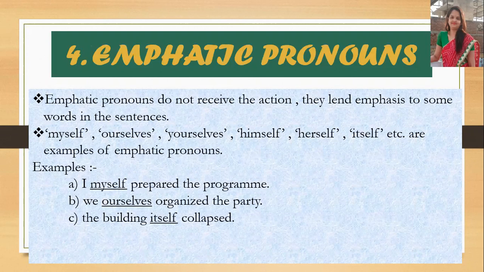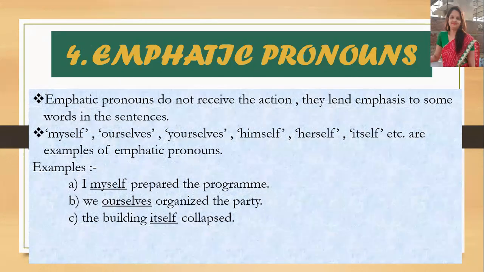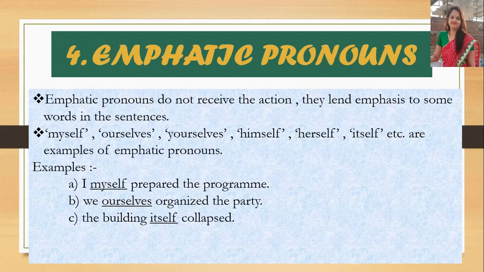Okay. And if you want an easy way, you only remember that in this, the sentences are used with nouns or pronouns for the sake of emphasis. Okay, means these sentences are used only for emphasis, it does not receive the action. Once again I am repeating, what is the discrimination between reflexive and emphatic? In reflexive, actions are received, and in emphatic, actions are not received, means the pronoun does not receive the action.